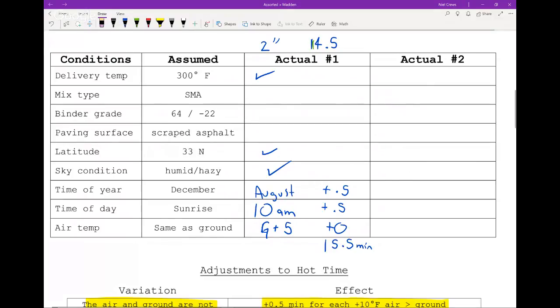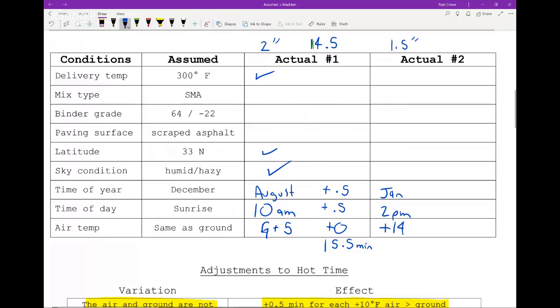In the second example, let's imagine we are putting down a 1.5 inch lift on a January day, say about 2 p.m., a day or two before a cold front passes through. That means it's warmer than usual, so the air temperature of 70 degrees is a good bit more than the ground temperature of 56 degrees.